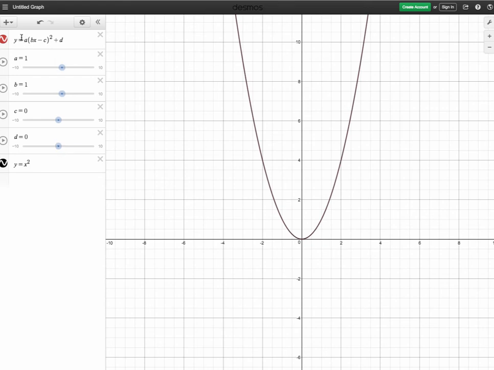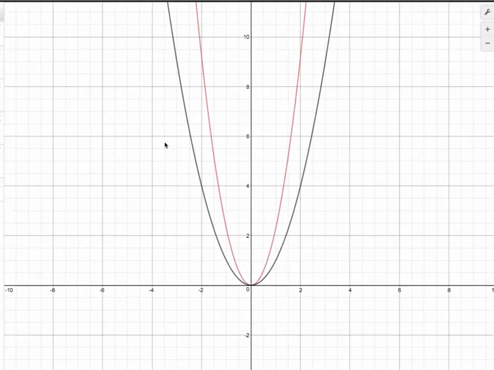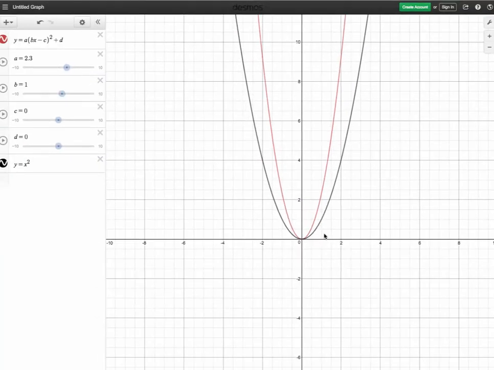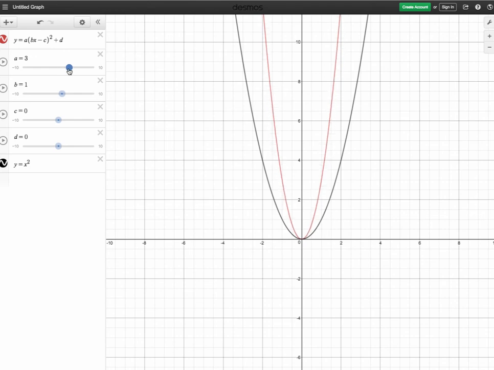Now let's look at the vertical stretch. That's A. When A is greater than 1, it vertically stretches it. Think about what I'm saying there. If I'm at this point right here, it's going to stretch it up to here. Now also notice what happens to the bowl. The bowl becomes more narrow the larger the leading coefficient is.